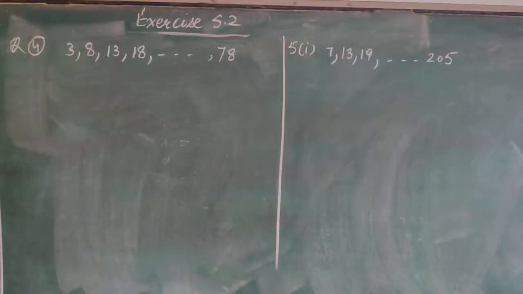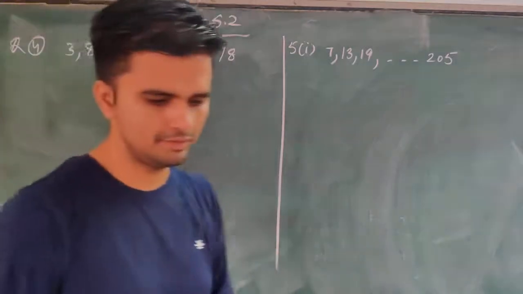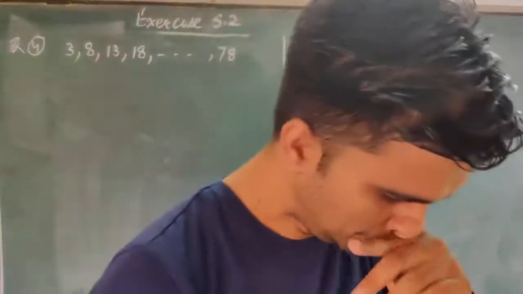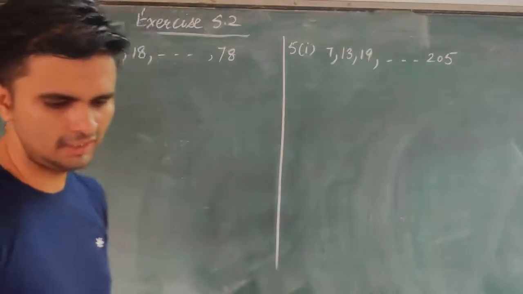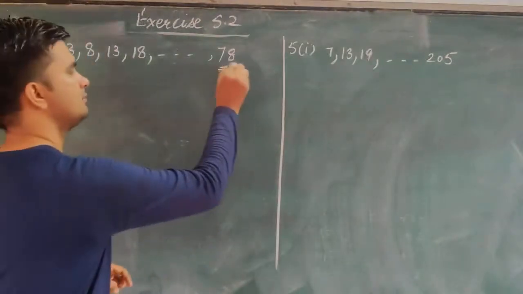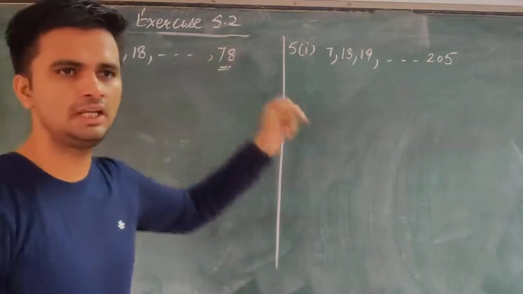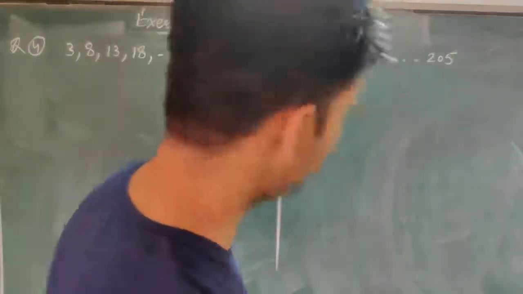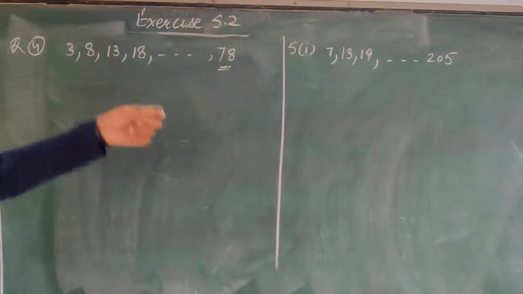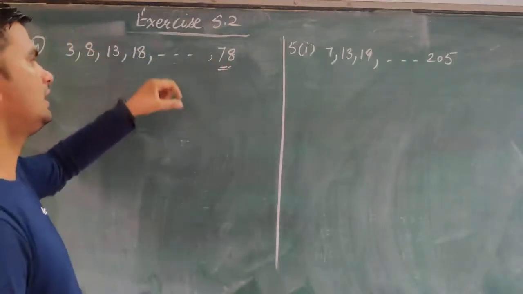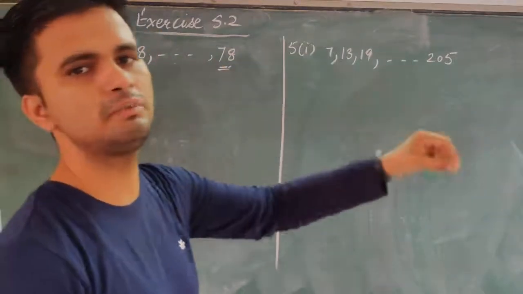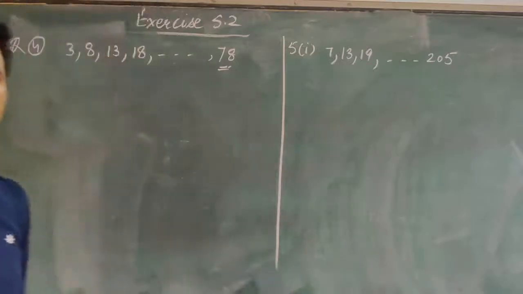Now in question number 4, an AP is given. Which term of the AP 3, 8, 13, 18 is 78? See, which term of this AP is 78 means 78 lies at which place of this AP, right?